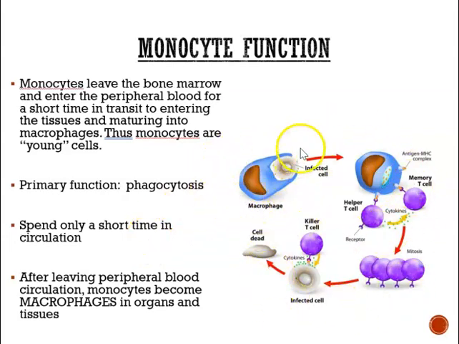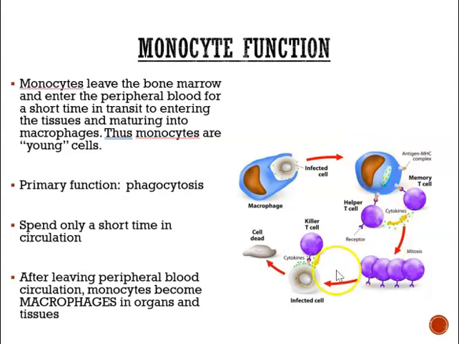So let's look over here at our diagram. We're going to start here. We have our macrophage. So our monocyte has matured into a macrophage, and you can see there's an infected cell, and this macrophage is engulfing this infected cell. If you remember from one of the previous slides, guess who helps out our macrophages? Our T cells. So our macrophage and our T cells work together to kill and take out this cell.